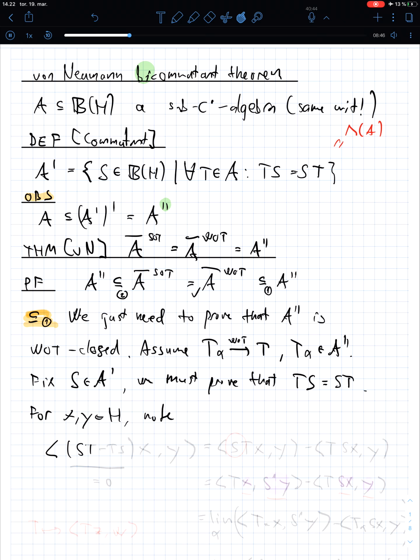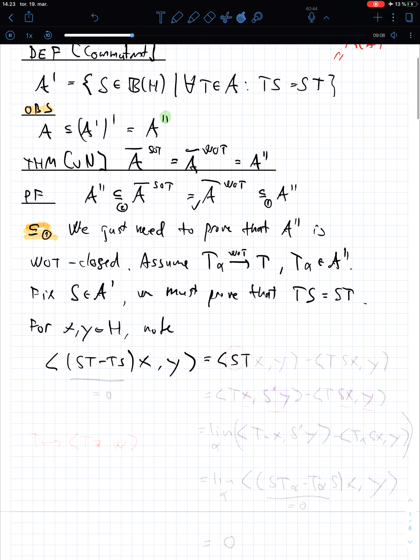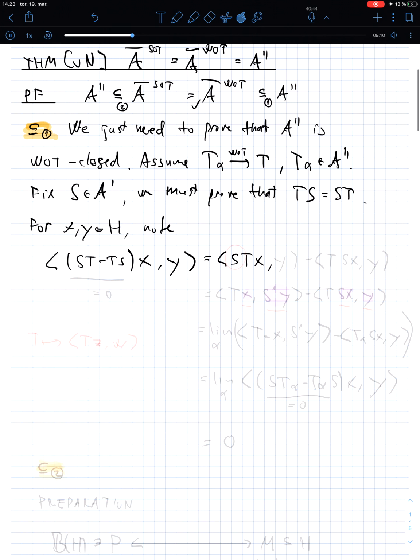So we take some vectors x and y in H, and then note what happens if you take the difference between ST and, oops, to correct this, I wrote ST and ST, I mean ST and TS. I take that operator and apply it to x, and I take the inner product with y. And now I can write this as two terms, (STx, y) minus (TSx, y).